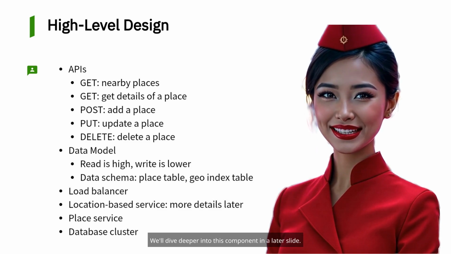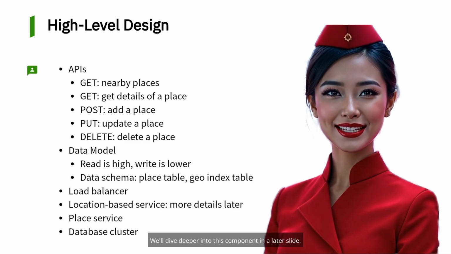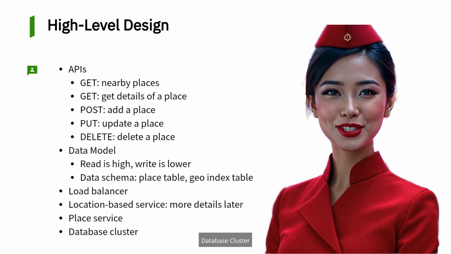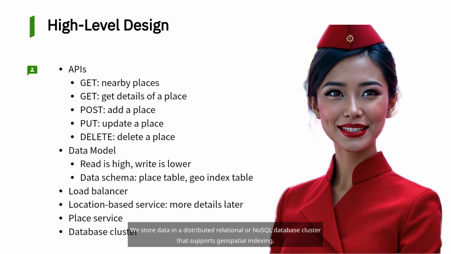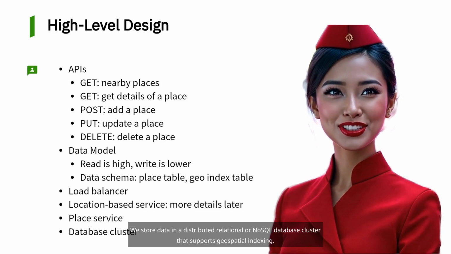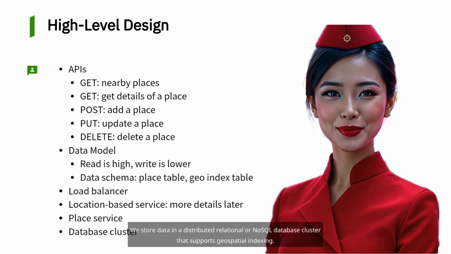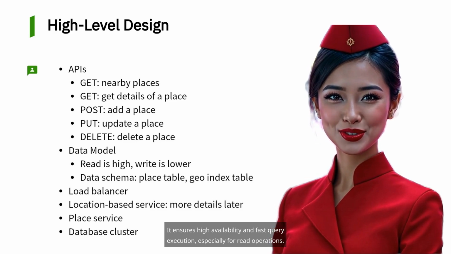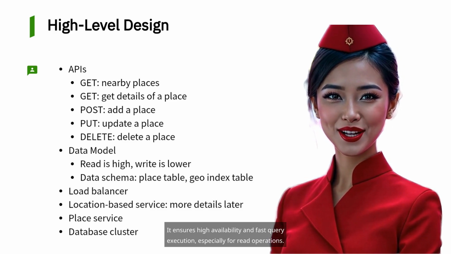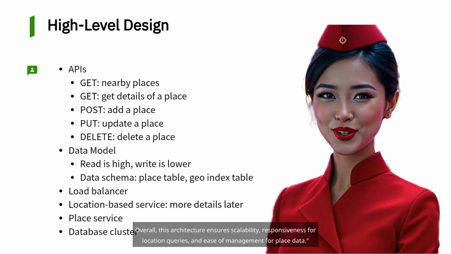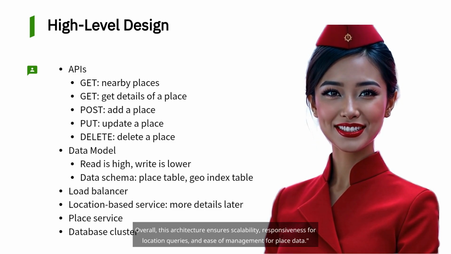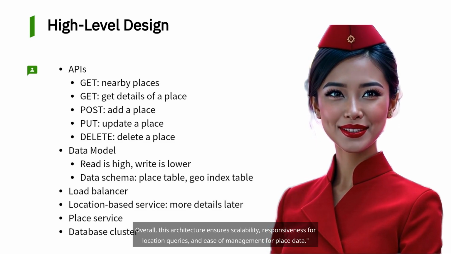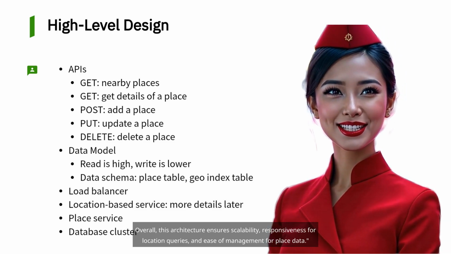We'll dive deeper into this component in a later slide. Database cluster. We store data in a distributed relational or NoSQL database cluster that supports geospatial indexing. It ensures high availability and fast query execution, especially for read operations. Overall, this architecture ensures scalability, responsiveness for location queries, and ease of management for place data.